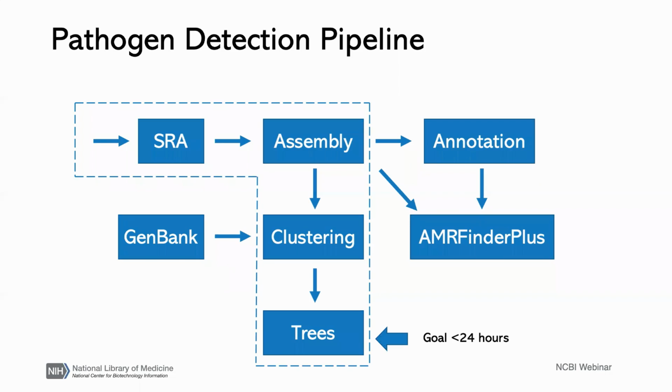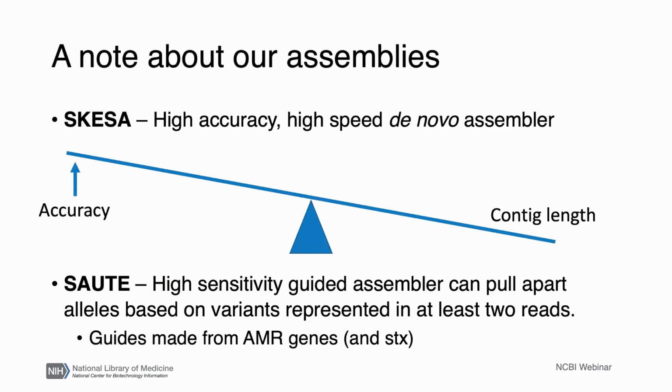And then we cluster them into these groups of very closely related organisms, and within each of those clusters, we infer phylogenetic trees. At the same time we're doing that, we annotate and run AMRFinderPlus, and I'll tell you a little bit more about AMRFinderPlus as well, and that is how we identify antimicrobial resistance genes, point mutations, virulence, and stress resistance genes.